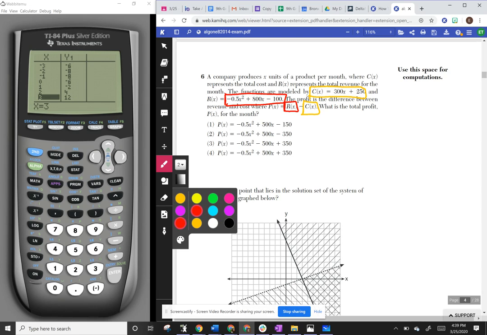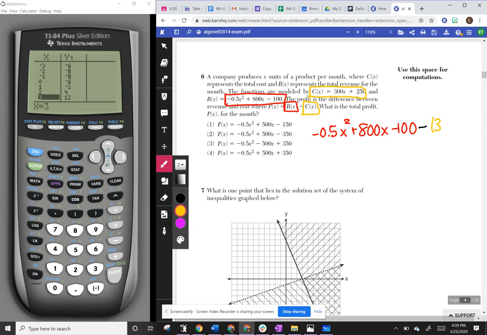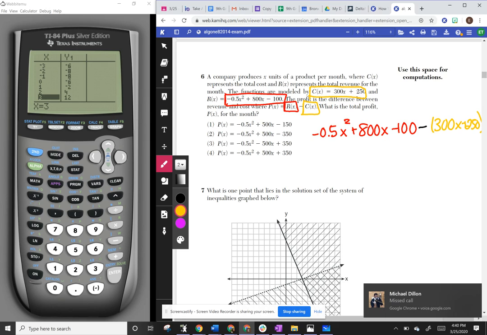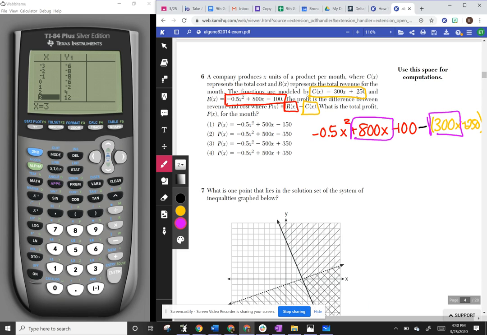So let's write that out. We want to do negative 0.5x squared plus 800x minus 100. That's R of x. And we want to subtract C of x, which is 300x plus 250. So we are going to subtract 800x and 300x because they are like terms.